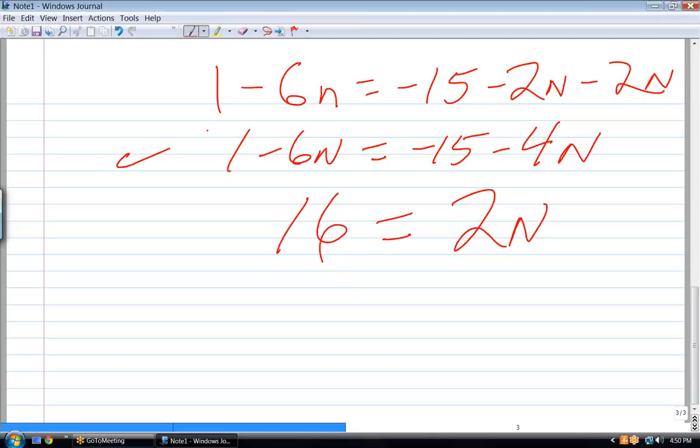Whenever I'm doing this, I don't need to do that in 2 steps. I can do that in 1 step. In other words, whenever I'm moving all the rest of the variables to one side and the rest of the numbers to the other side, I feel like it's kind of a waste of time to take 2 steps and write it twice. You see what I'm saying? Okay, do you agree? You want to try it like that?